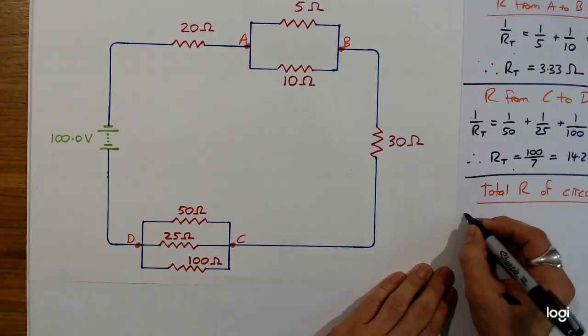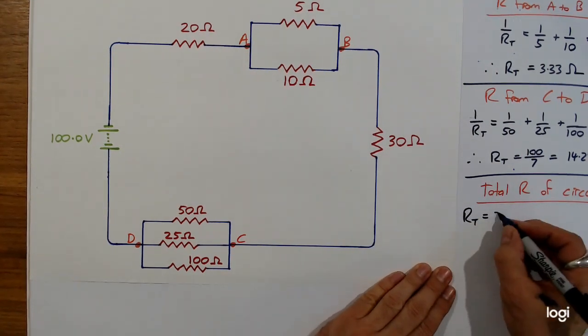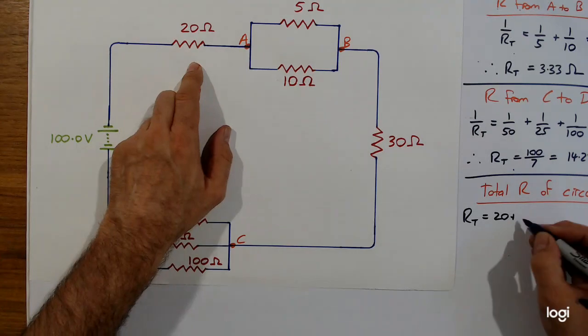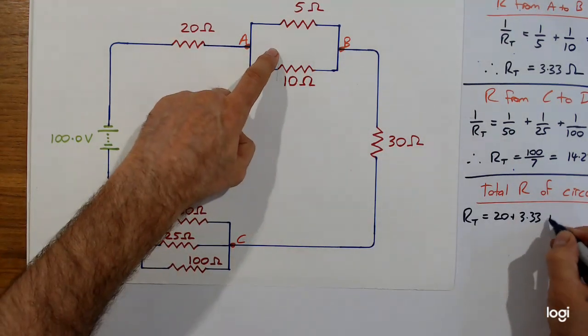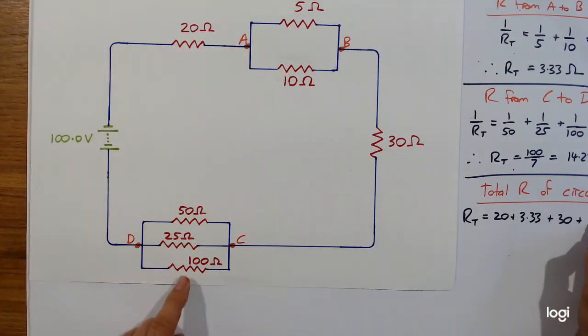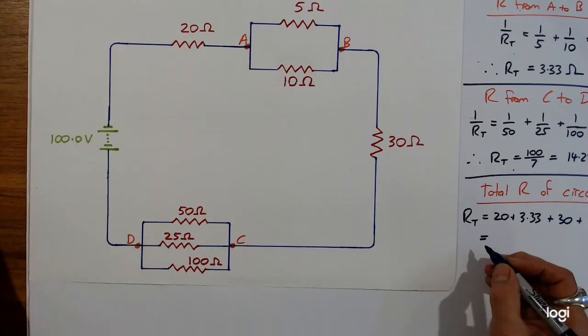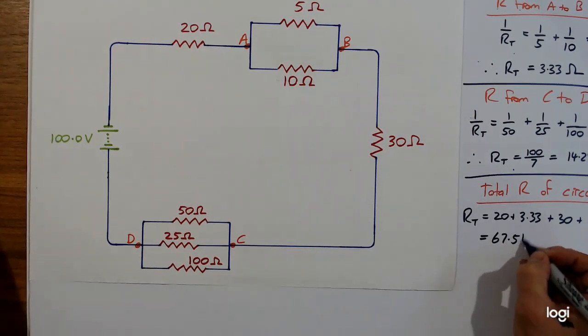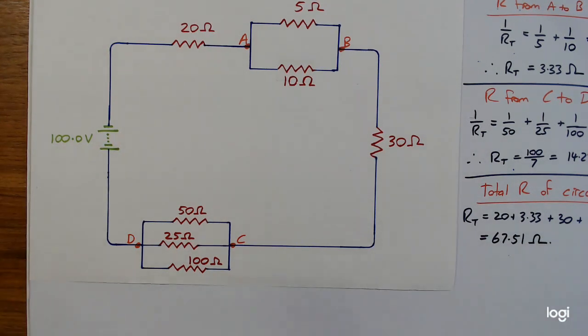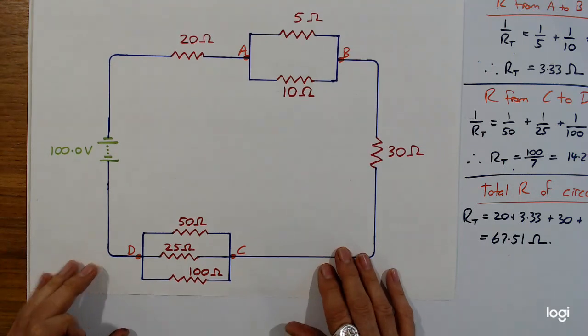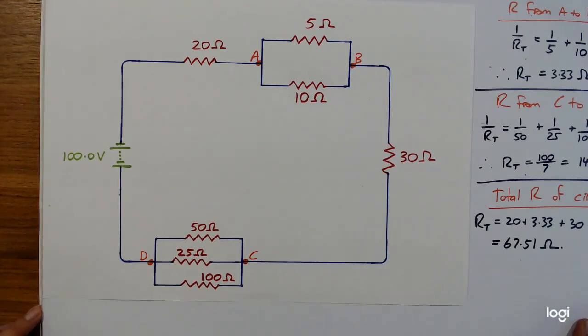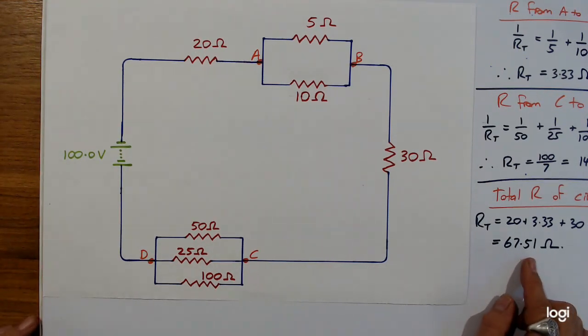Okay, so the total is 20 plus 3.33 for this bit, plus 30 plus 14.28, which equals, of course, 67.51 ohms. Okay, so the total resistance of that circuit, all of the difficulty that the electrons have going through there, is a total of 67.51 ohms.